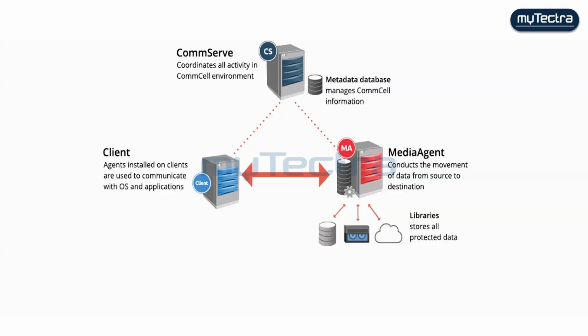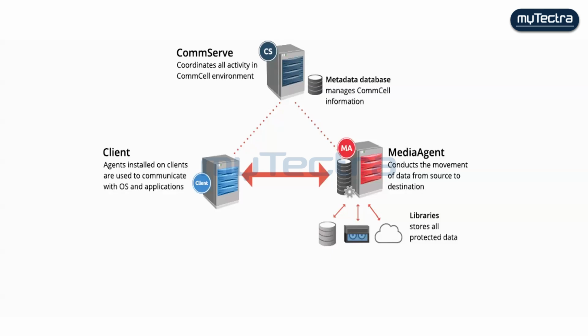Now you have understood. We have to make sure those requirements are met, and then we are good to install the ComServe server on that particular server. Once installed, that server acts as the ComServe server for us. In simple words, ComServe acts as a bridge between client and media agent.